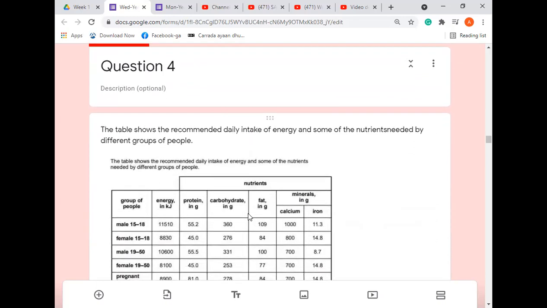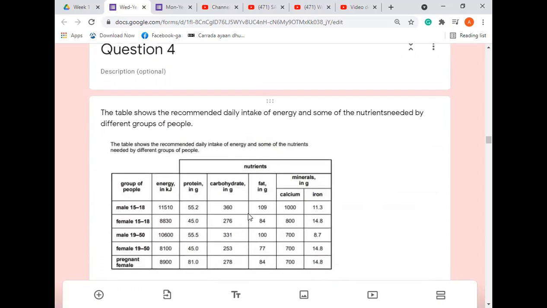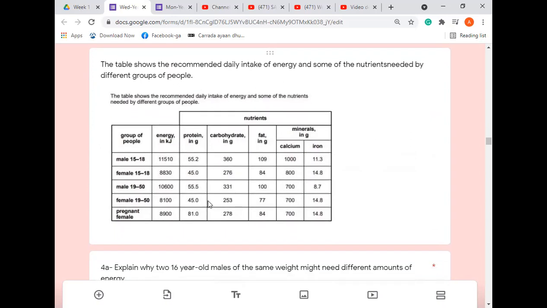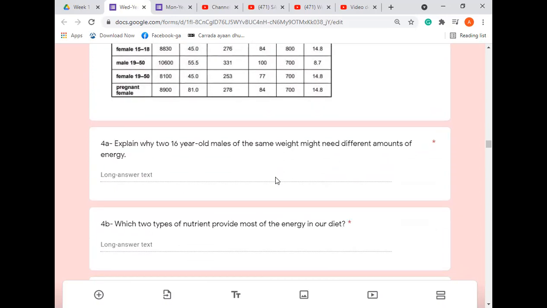Question number 4, the table shows the recommended daily intake of energy and some of the nutrients needed by different groups of people. So you can see here the table. You need to explain why two 16-year-old males of the same weight might need different amounts of energy.